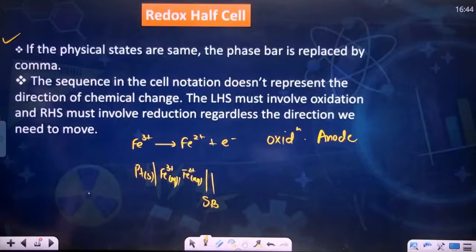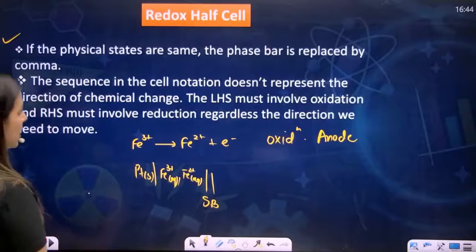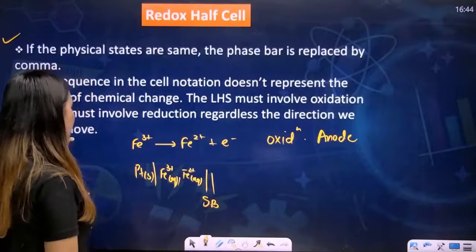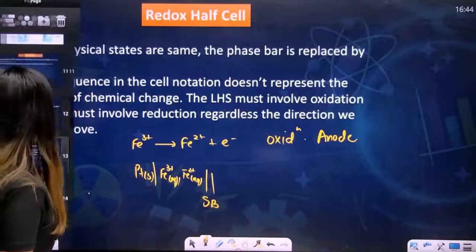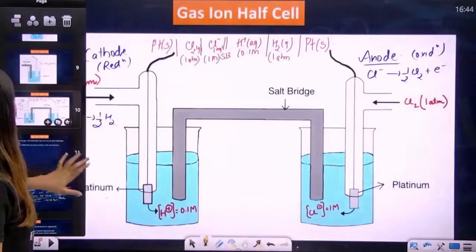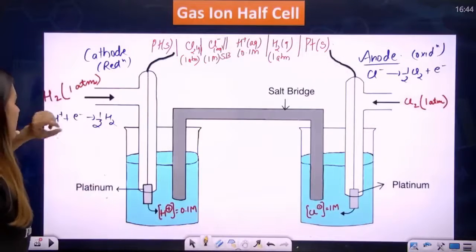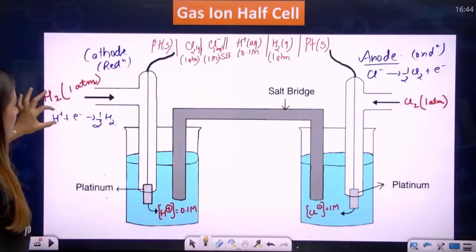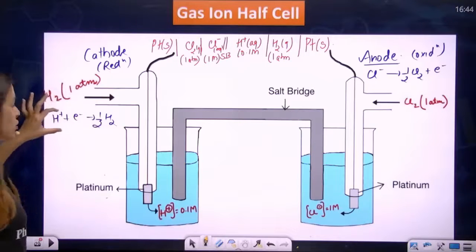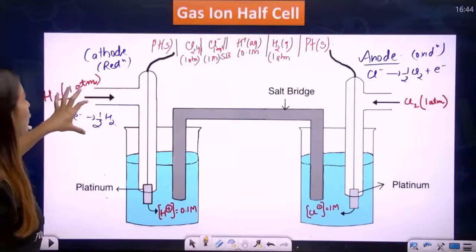The sequence in the cell notation does not represent the direction of the chemical change. When we write the cell representation, the direction of the reaction was from H plus to H2 for the cathode.